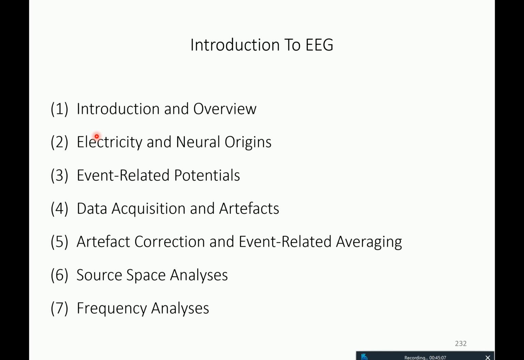Personally, in terms of neural modeling, what I spent time on was to contribute to the development of neural population models, like I showed you last Friday, that explain event-related potentials. These kinds of models also exist to model frequency data.